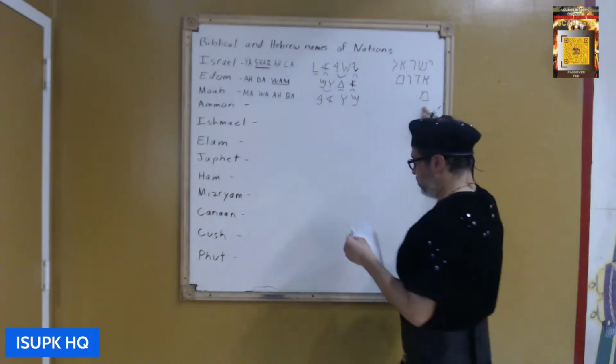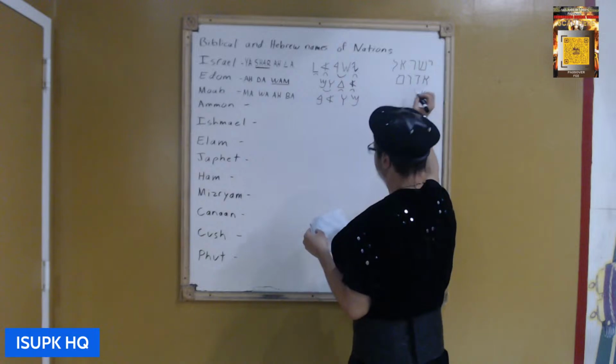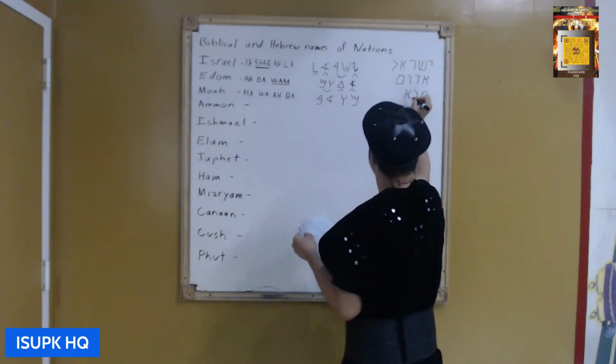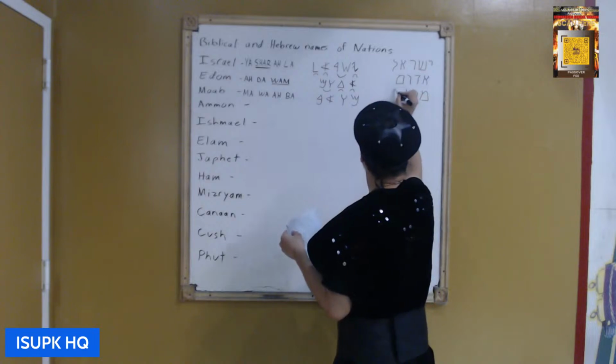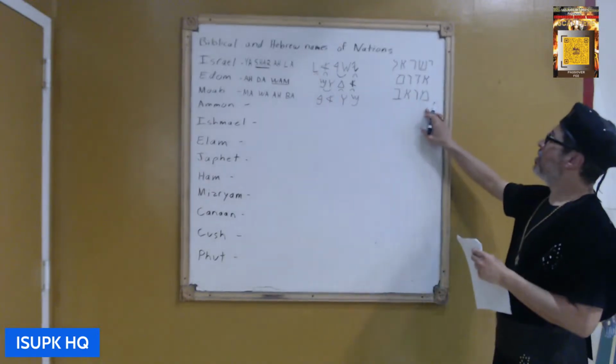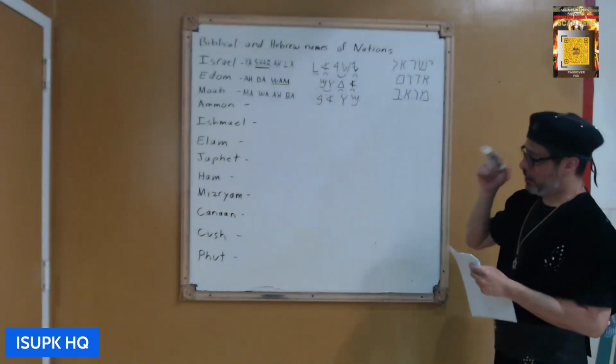So we have ma, wa, a, ba. Ma, wa, a, ba. That's Moab.